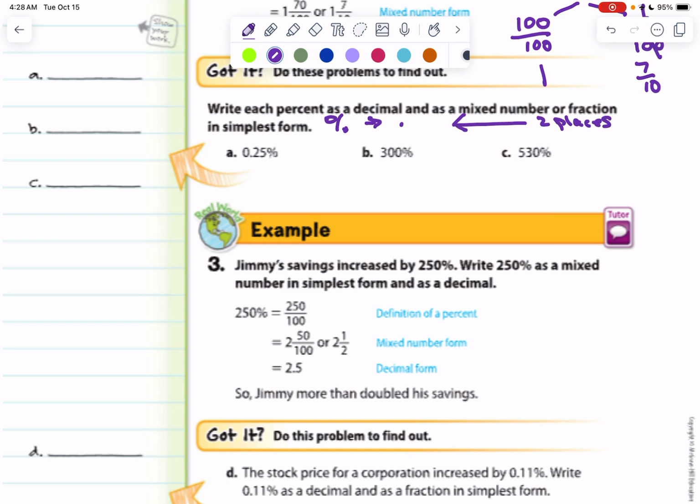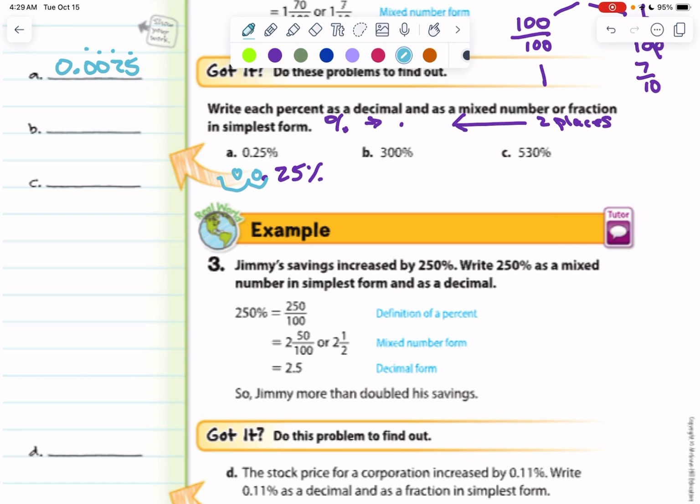So even though it seems like we should be getting rid of the decimal in A, we're actually not. I'm going to rewrite this so we can see a little bit better. Okay, 1, 2. I got to put some zeros in here. So that is 0.0025, or tenths, hundredths, thousandths, 10,000ths, 25 10,000ths.